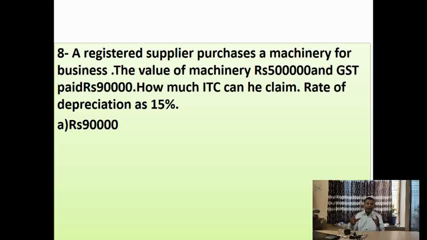Friends, the first thing is this asset is subject to depreciation at a rate of 15%. So let us assume that the user is availing depreciation as per income tax rule.